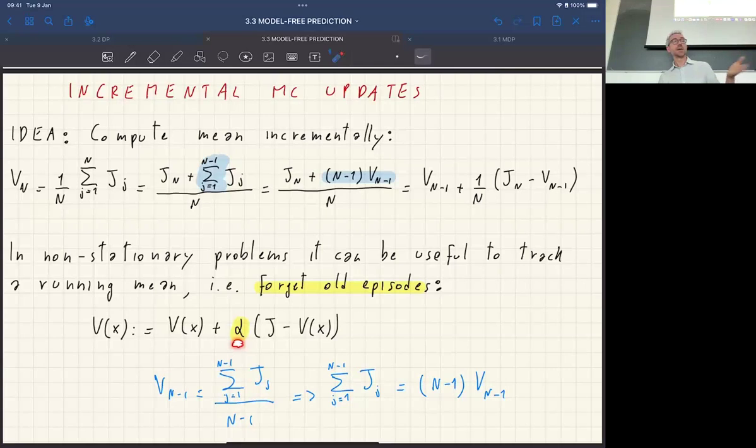And if you have an MDP which is time varying, that makes a lot of sense, because the more recent information is more relevant than the old information. So you can think of this as a variation of Monte Carlo, which takes into account also the time at which information has been collected and doesn't treat it all the same way.